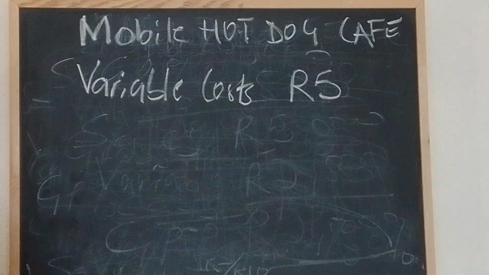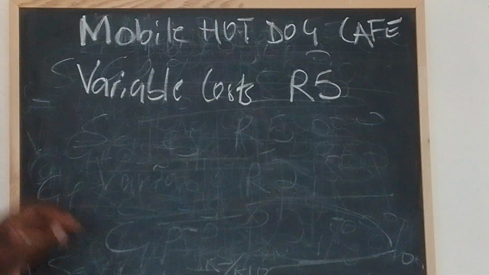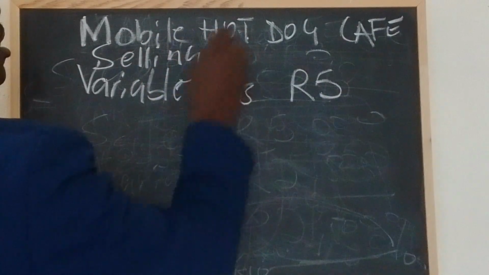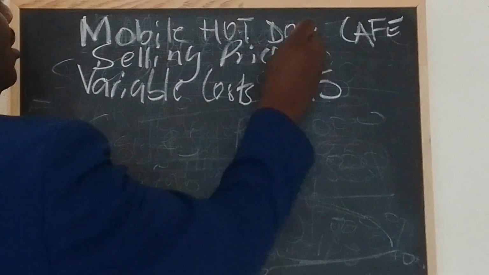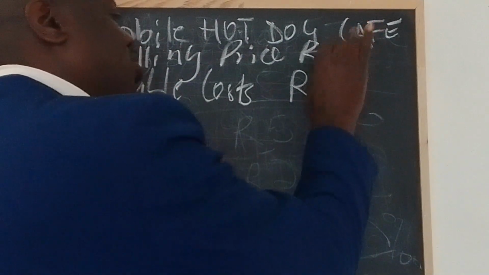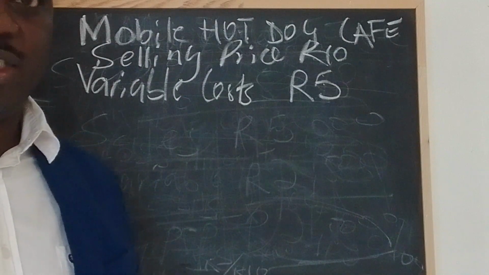Now, if the selling price is 10 rands, how did you arrive at the selling price of 10 rands? You simply added another 5 rands on top of your variable cost. So your selling price is 10 rands, and what you did was to add 5 rands on top of this to arrive at the selling price of 10 rands.